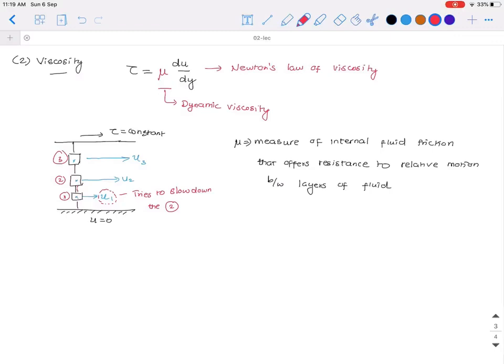Okay, so dynamic viscosity is a measure of this resistive force that is offered in the relative motion between layers of fluids. Okay, is that clear?